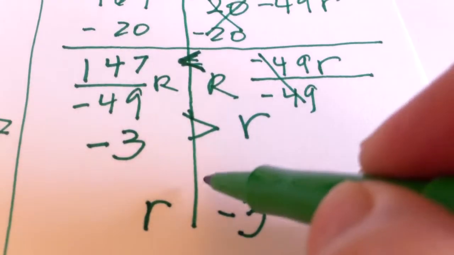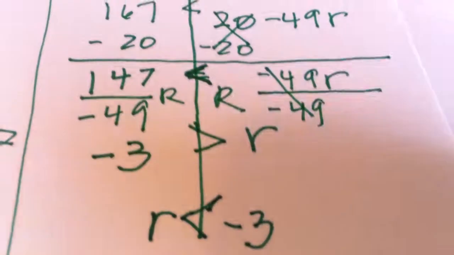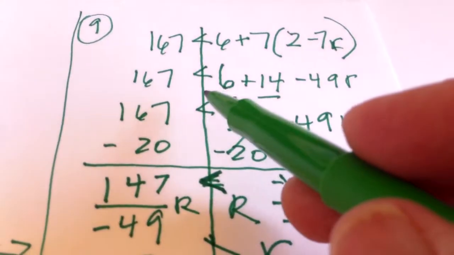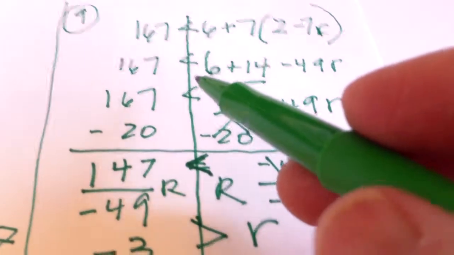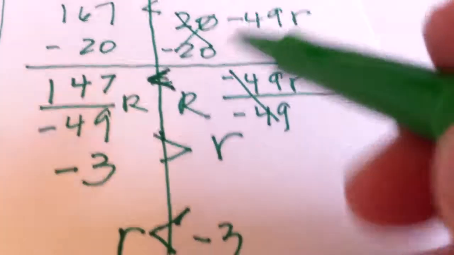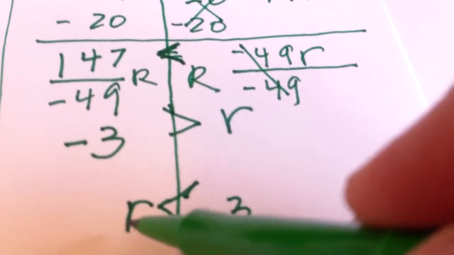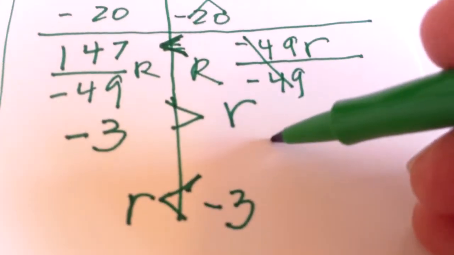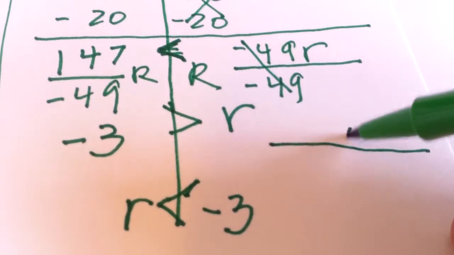So I have to flip the whole thing over, including the symbol. So once again, it started out as less than, flipped it, and made it greater than when I divided both sides by a negative, and then flipped it and made it less than again when I put my variable on the left-hand side. So I have a negative 3.